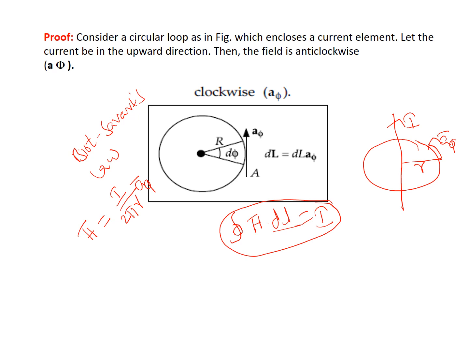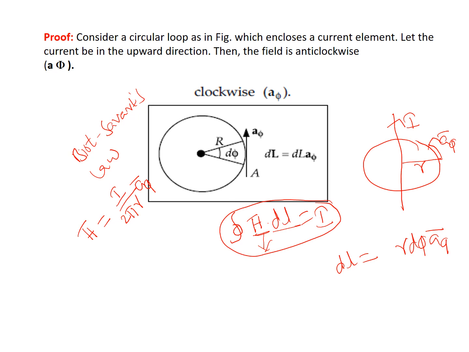So dl equals r into d phi a phi bar, because the distance is r and the unit vector direction is a phi bar. And H, by using Biot-Savart's law infinite condition, is I by 2 pi r a phi bar.